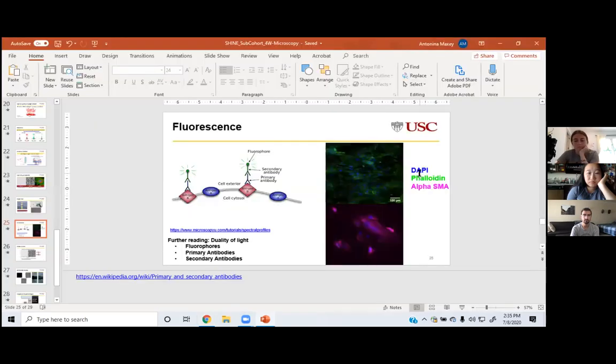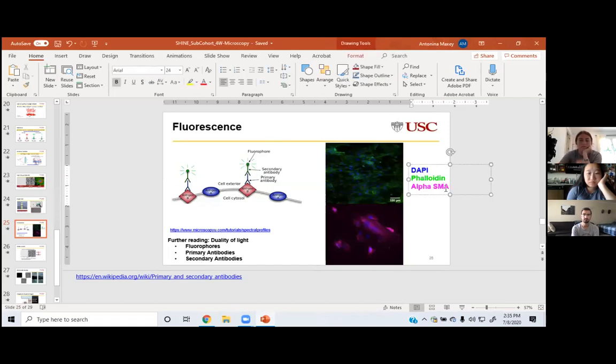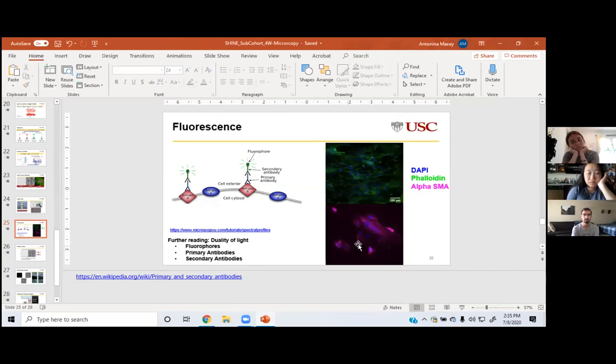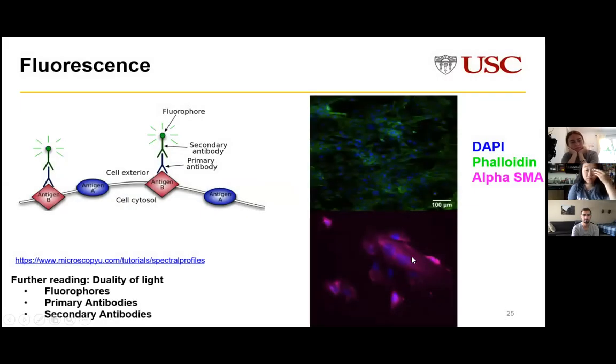I used DAPI, which dyes the nucleus, phalloidin, which stains the F-actin, and then a different fluorophore that stains the alpha SMA. And those are just different components of my cells.